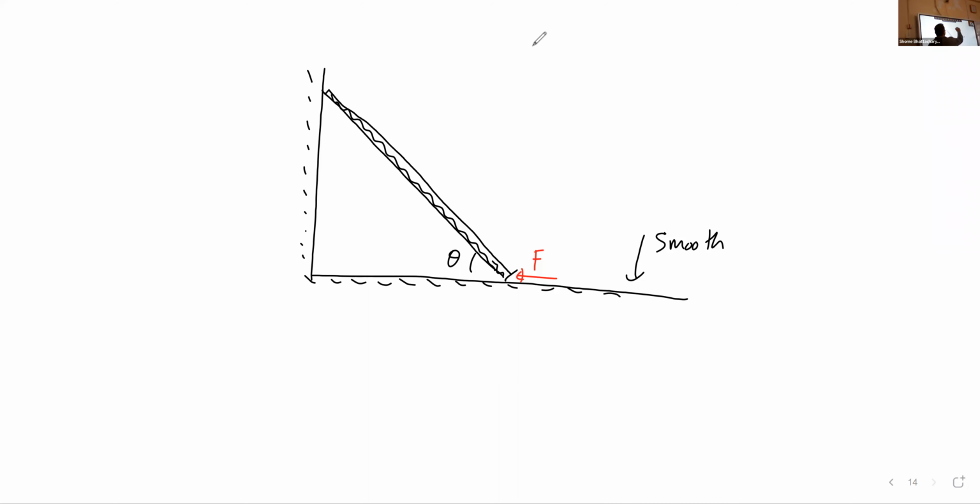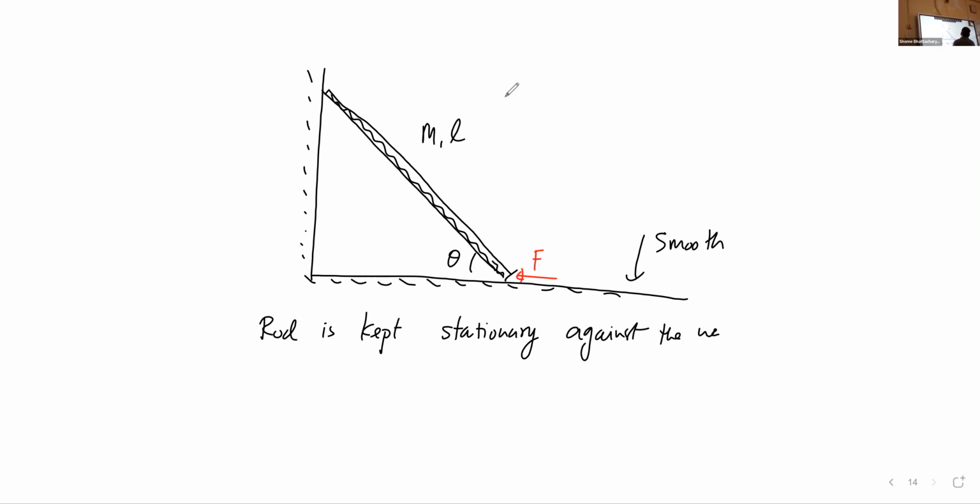Okay, so we are keeping this rod of mass m and length L. Okay, so the rod is kept stationary against a wall at, let's say, theta equal to, let's take an easy example, 45 degrees.